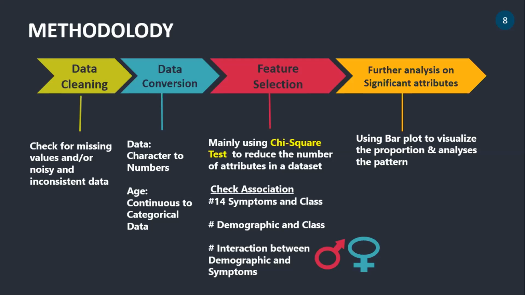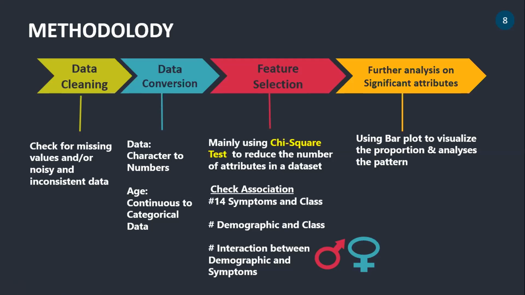And then next we move to feature selection. Mainly we use a chi-square test to reduce the number of attributes. We check the association between all 14 symptoms and the class, whether it's positive or negative diabetes. Then we check the association between the demographics, age and gender, and the class.